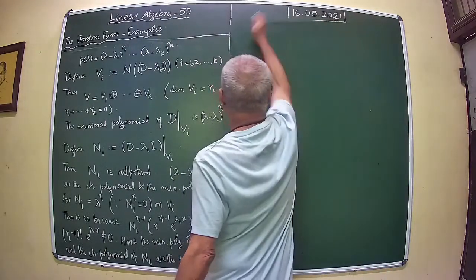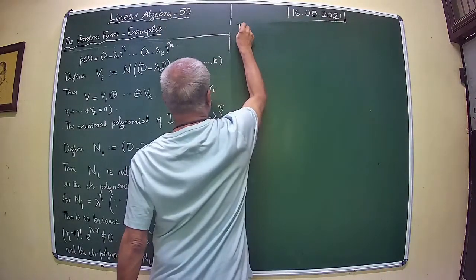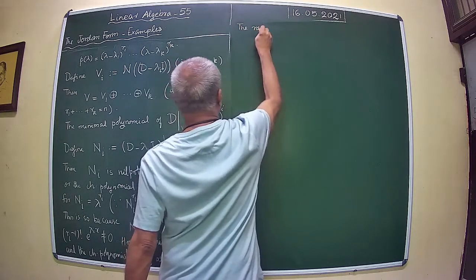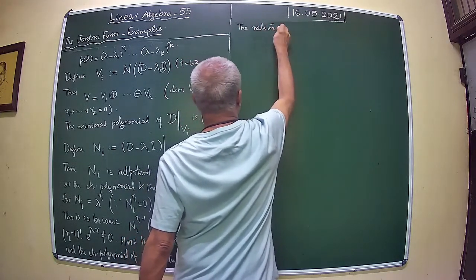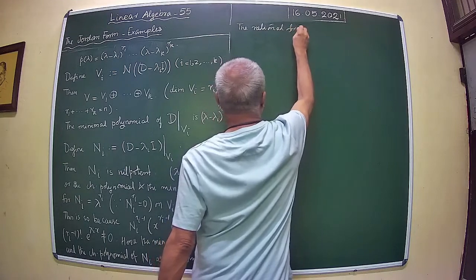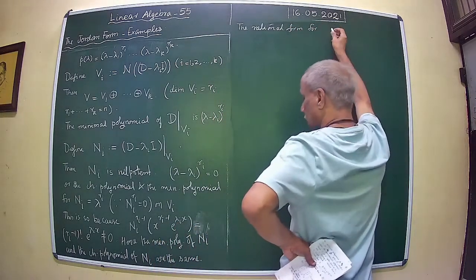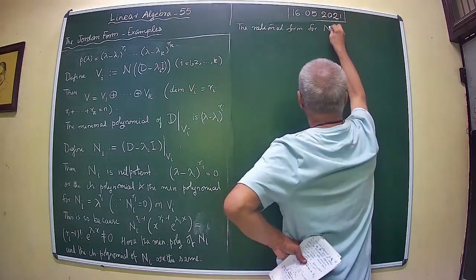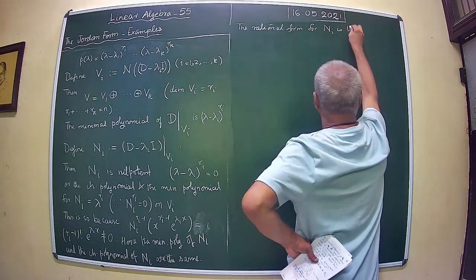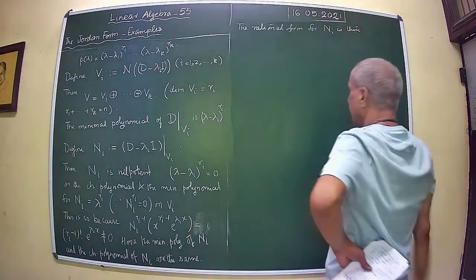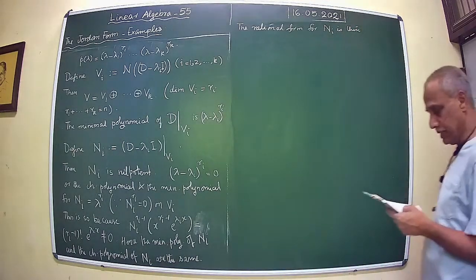So we can write down the rational form. The rational form for Ni is then the following matrix.